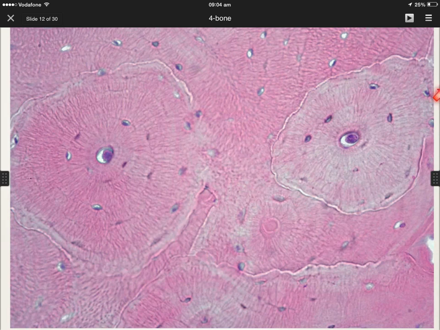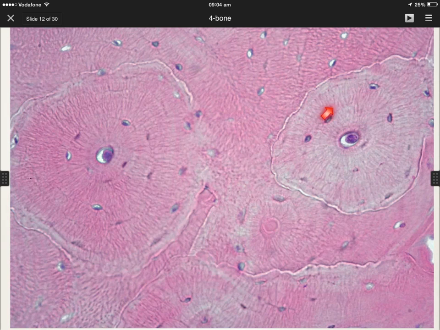This circle is called Haversian system, and this area is called interstitial lamellae, and this area in between the osteocytes is called concentric bony lamellae. These fine lines are processes arising from the osteocytes, so that they can exchange with each other the nutrition and the waste products, as the matrix is calcified and no tissue can pass through it.